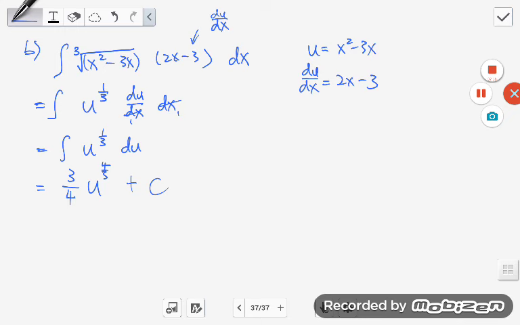I hope you guys are comfortable with finding indefinite integrals now. Okay, now the last step, remember, substitute my u back. My u is this. So my final answer would be x squared minus 3x, the whole thing to the power of 4 over 3, plus c.